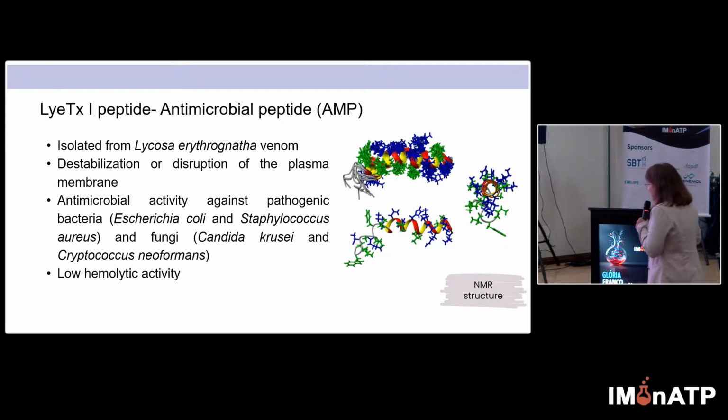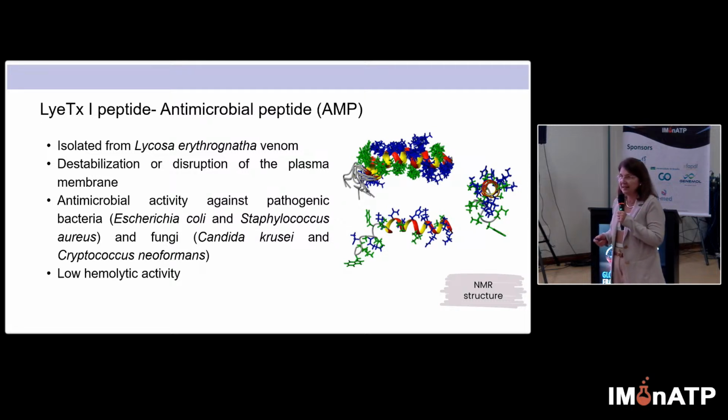Well, Maria Helena and her group have been working for a long time with toxins from scorpions and spiders, especially the venom from Lycosa erythrognatha, and she tested a peptide called LyeTx I. It has antimicrobial activity.